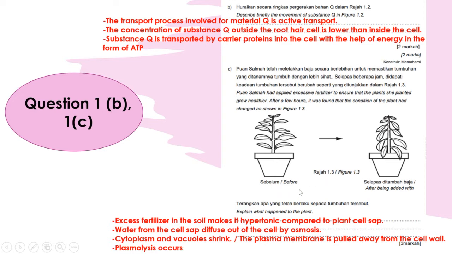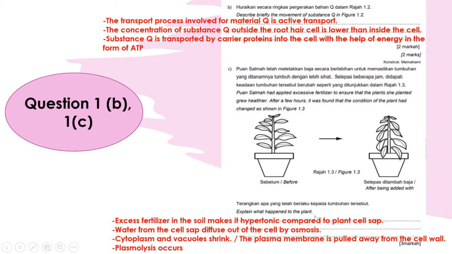This refers to the plant before applying the excessive fertilizer. After she applied the excessive fertilizer, what happened to the plant? The plant is wilted. Okay, so explain what happened to the plant.